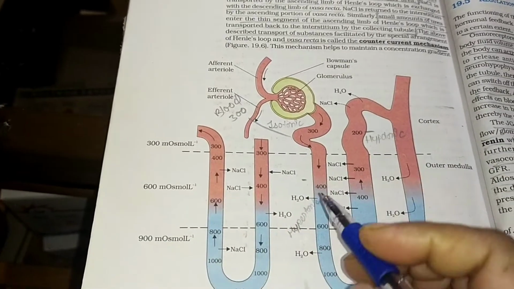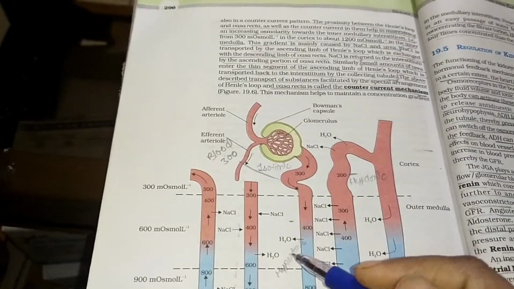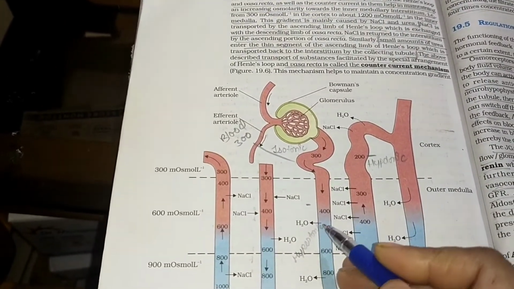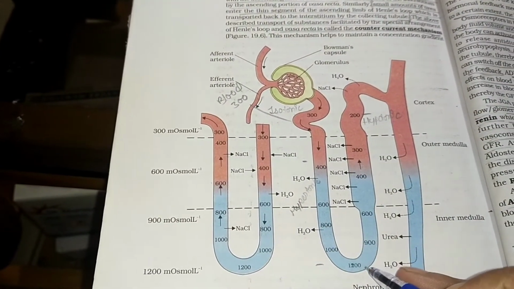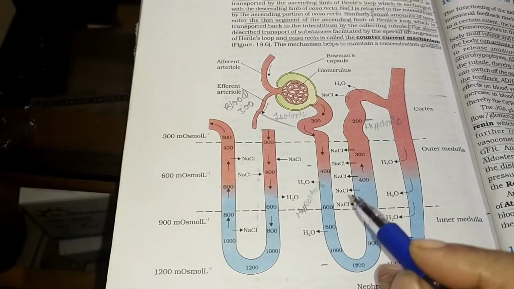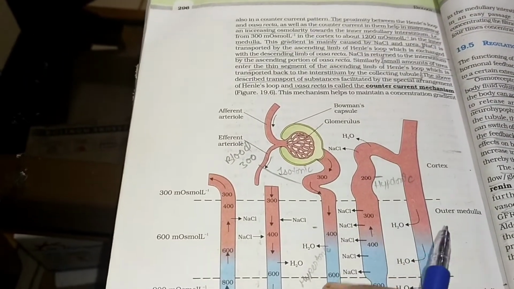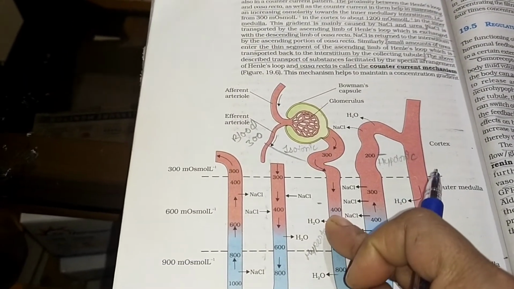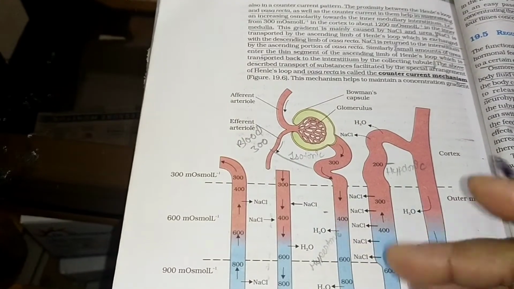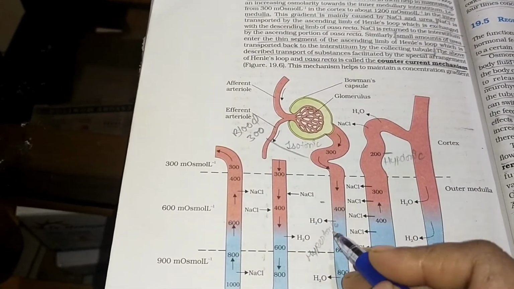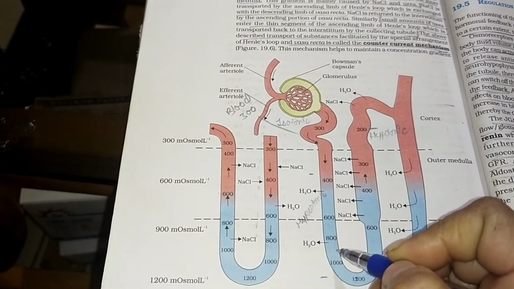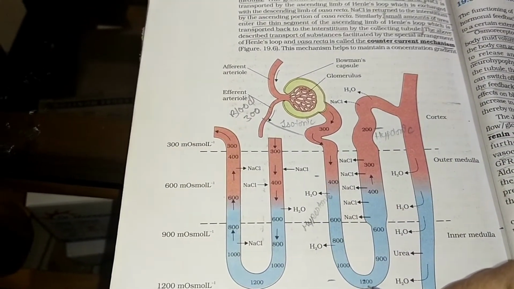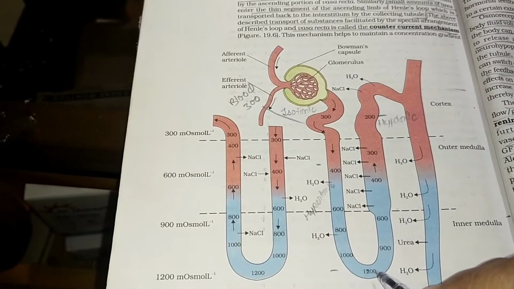Now, in the descending limb, water is permeable, but electrolytes are not permeable. That's why the concentration of the filtrate becomes more and more dense. That means the concentration is getting high.